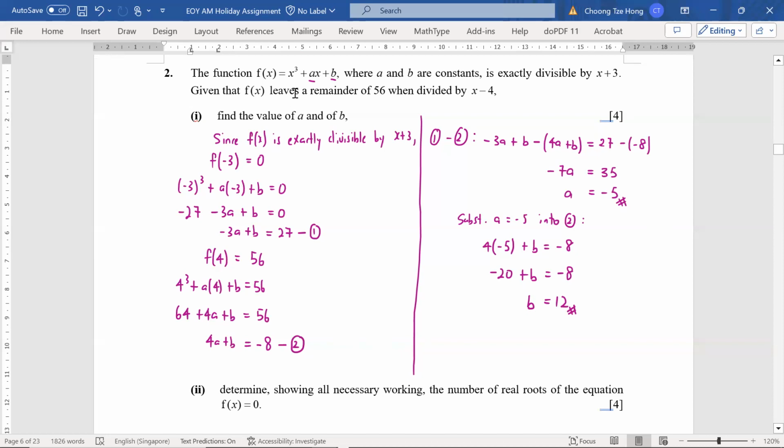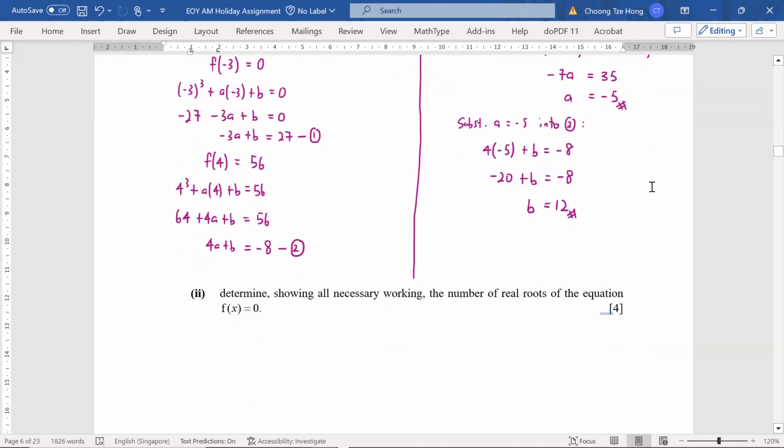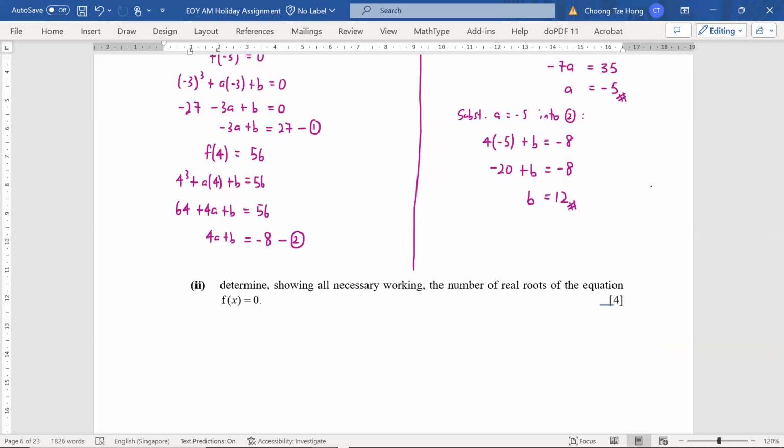Okay, but first let's replace the a and b with the values that we have found in part 1. So a is -5, b is 12, so f(x) will be x cubed, okay, a is -5, right? So -5x plus 12. Okay, so this is the cubic equation. To factorize a cubic equation, you will need to know one of its factors.